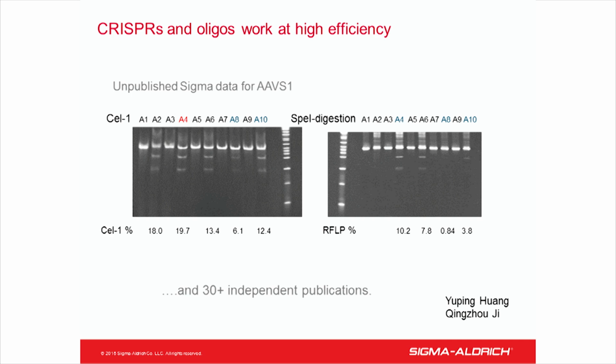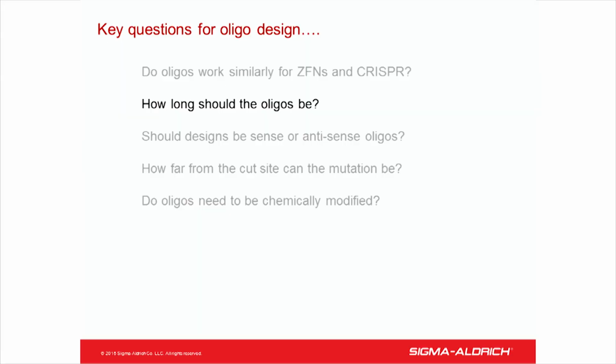So it works, and there are probably 30 plus independent publications that show that oligos and CRISPRs work as well. So there's a lot of validation out there. We haven't done a lot of detailed direct comparisons of ZFNs and CRISPRs, and it's like a lot of the other methods you've seen. I don't think anybody wants to really tease apart those. They just want to see it work, at some high frequency.